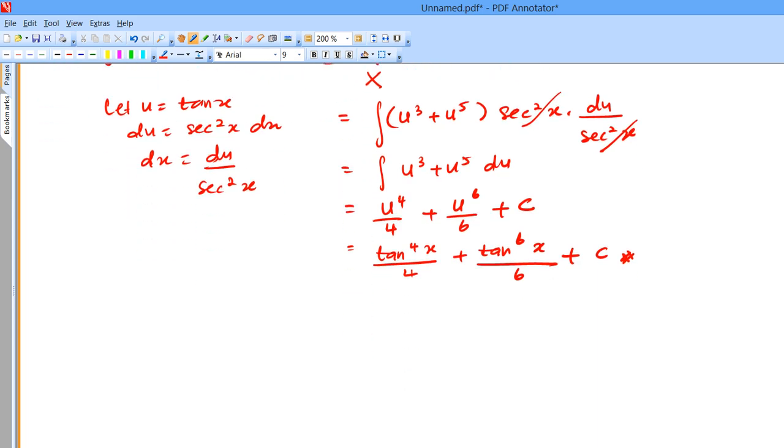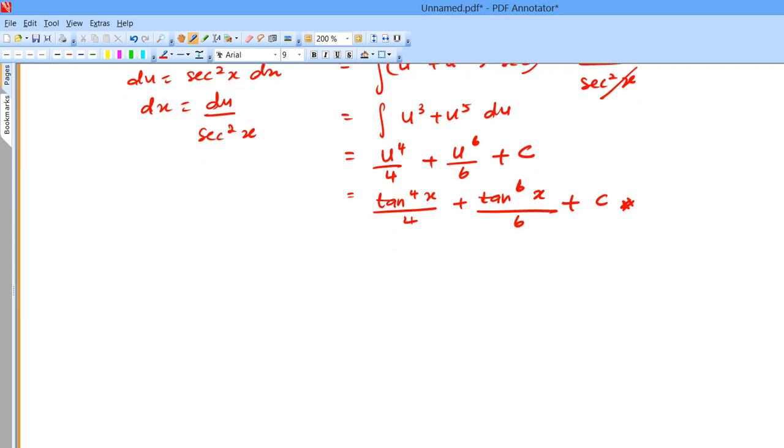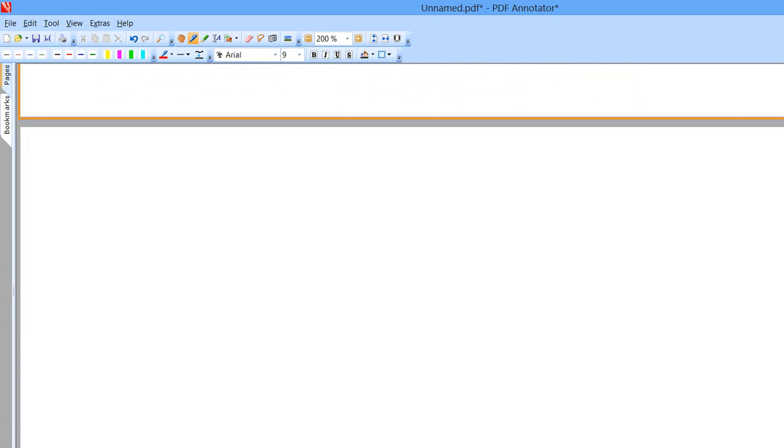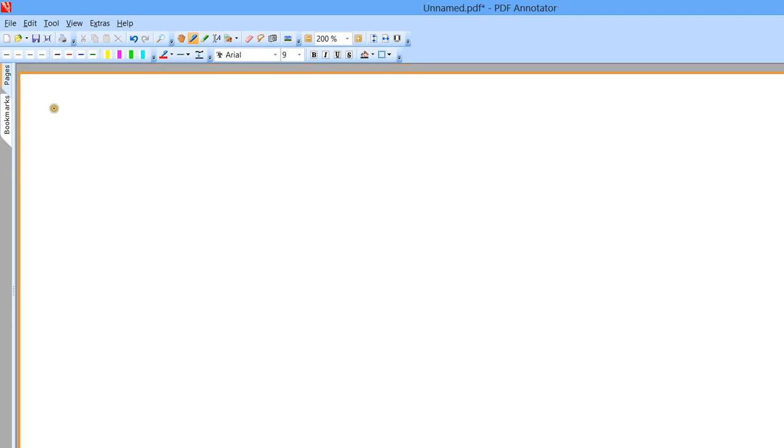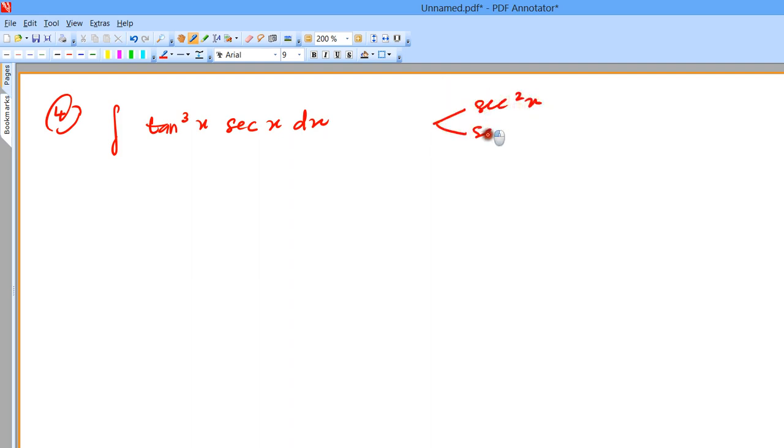Okay, next, example number 4. Integrate tangent cube x times secant x dx. For this problem, when we have a tangent times secant, we either can eliminate secant square x or secant x times tangent x.